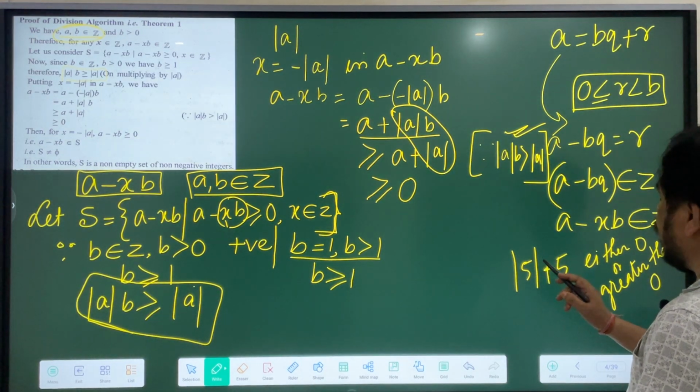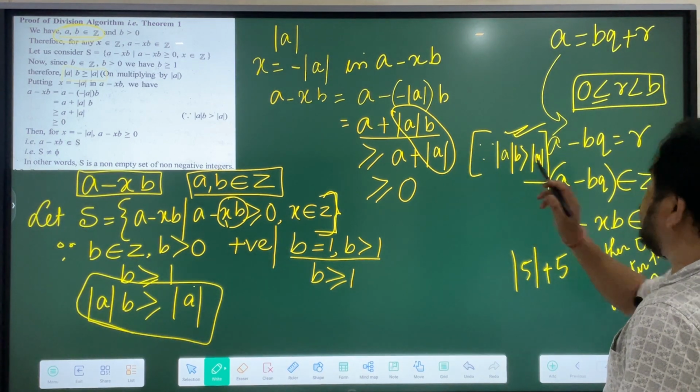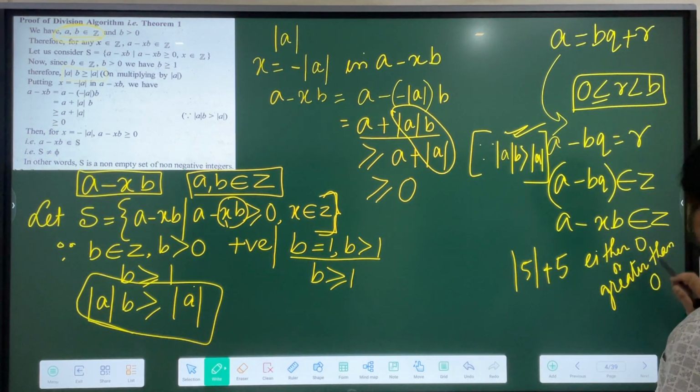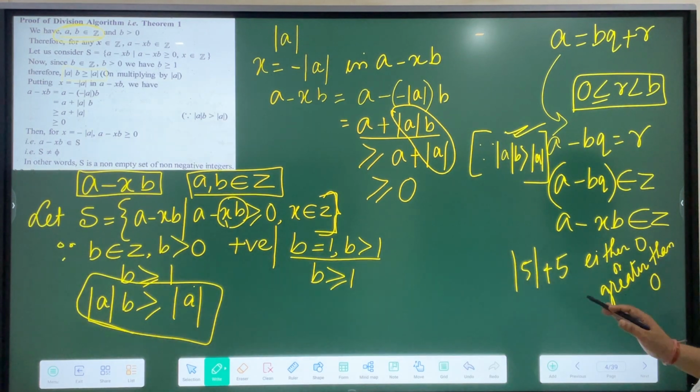If it is mod 5, this is plus 5. 5 plus mod 5 is always either 0 or greater than 0. You will never get a negative number here. That is the meaning here.